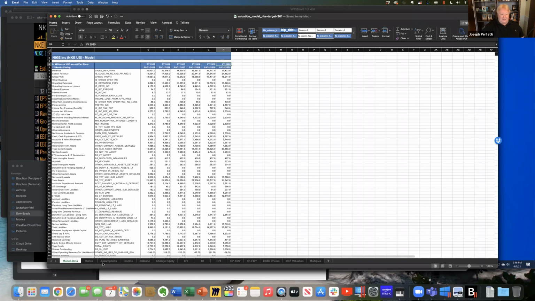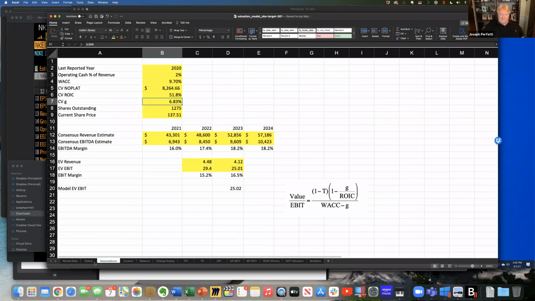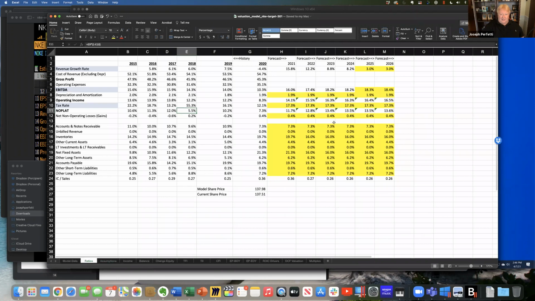Now, personally, I actually think Nike is going to do a little bit better. Right? I actually think that they're going to get closer to the bull range than the bear range, given everything we just read about them. Meaning, I actually think that they are going to be successful in the and markets without cannibalization. And I do see the opportunities that they talk about in both women's sports as well as China as growth vectors for them, so they can maintain higher growth rates for longer periods of time.